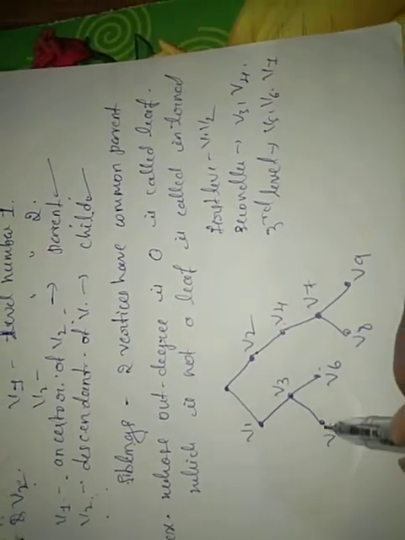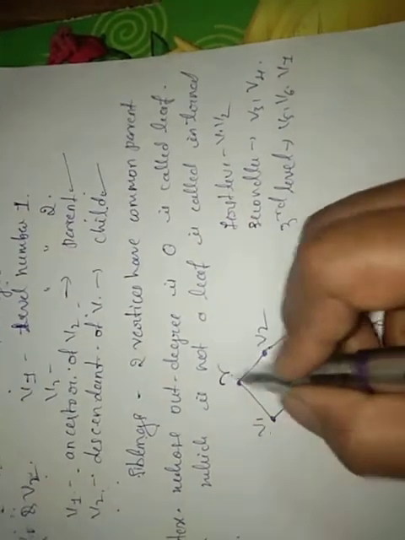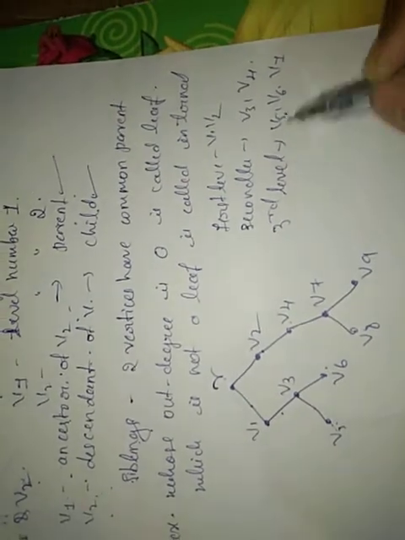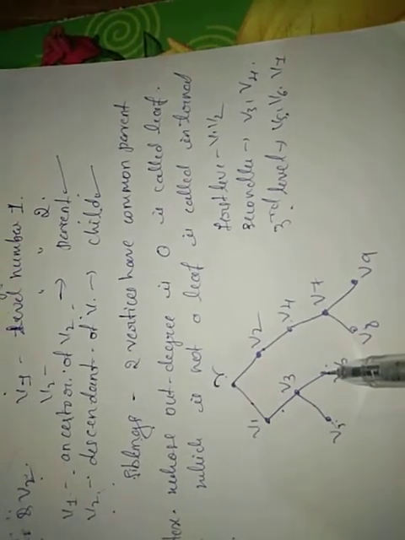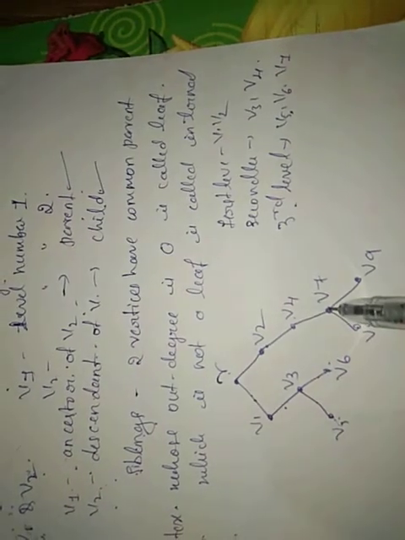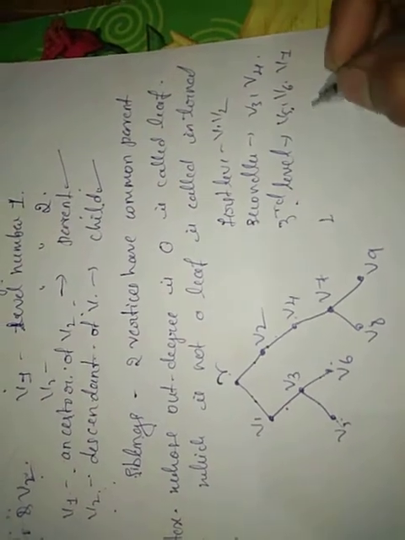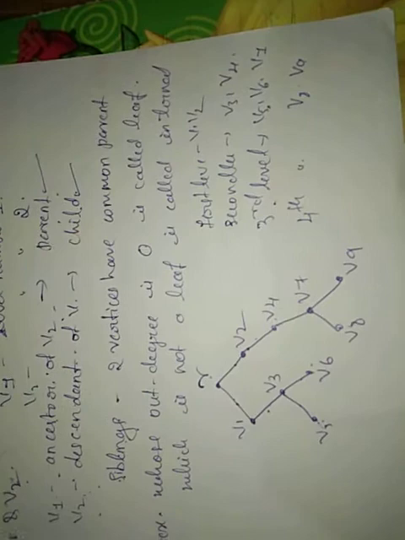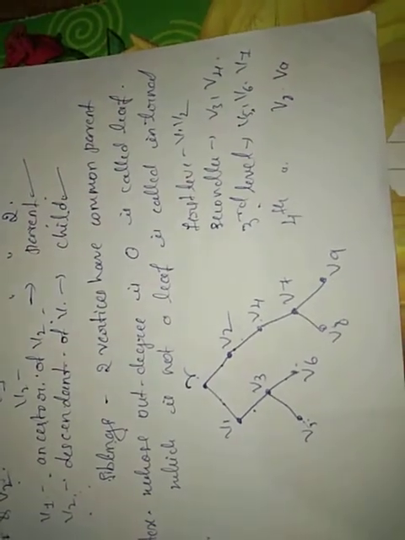Means the number of edges from R to V5 is 1, 2, 3, so V5 has the third level. V6 also has number of edges from R as 1, 2, 3. Similarly V7 1, 2, 3. And V8 and V9 have the fourth level here.